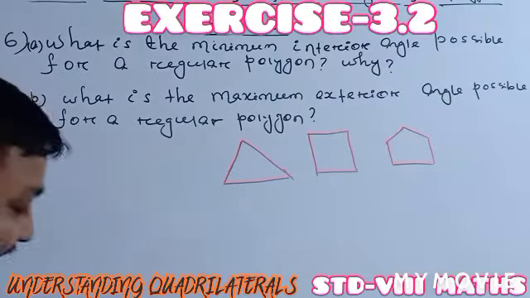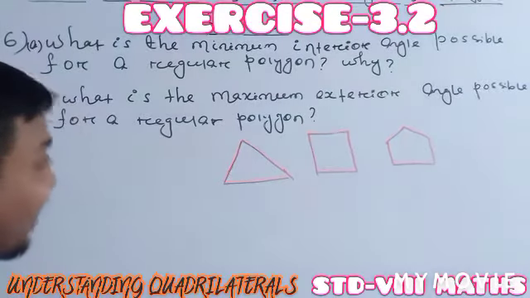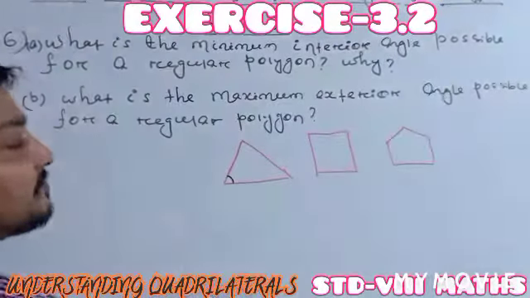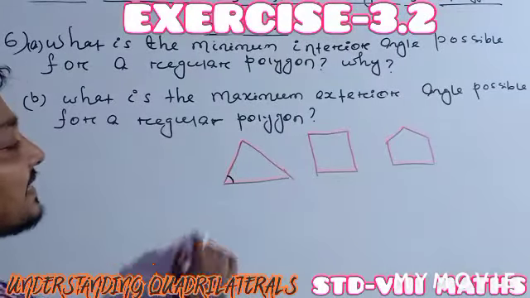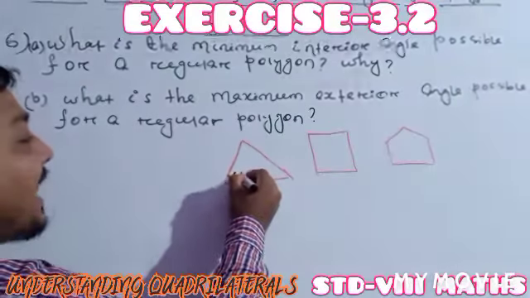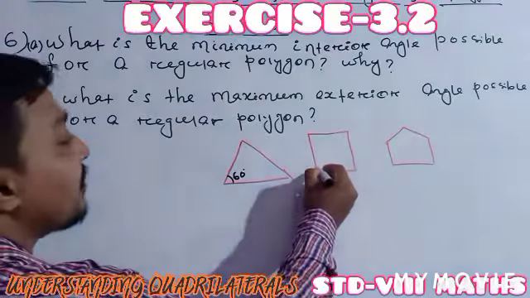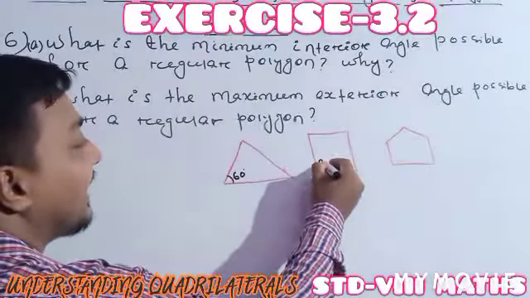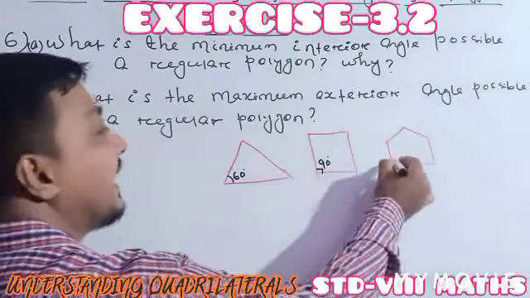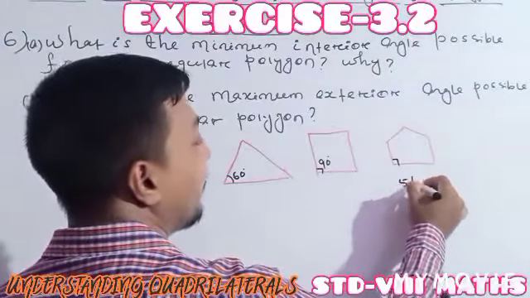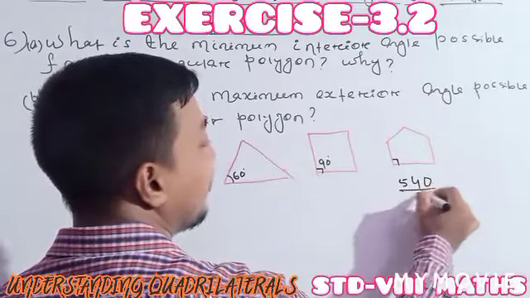See, here it is a regular polygon, and it is the smallest polygon, the polygon having the least number of sides. Here we know that each of the angles is 60 degrees. And here it is a square, so each of the angles is 90 degrees. And here, the total is 540, so each angle will be divided by 5.